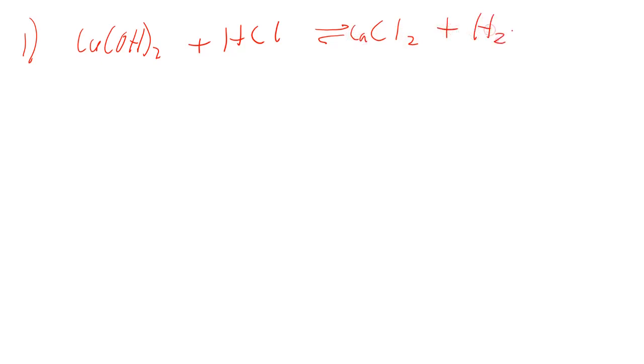So if we write out the reaction, we have calcium hydroxide plus hydrochloric acid gives us calcium chloride plus water.